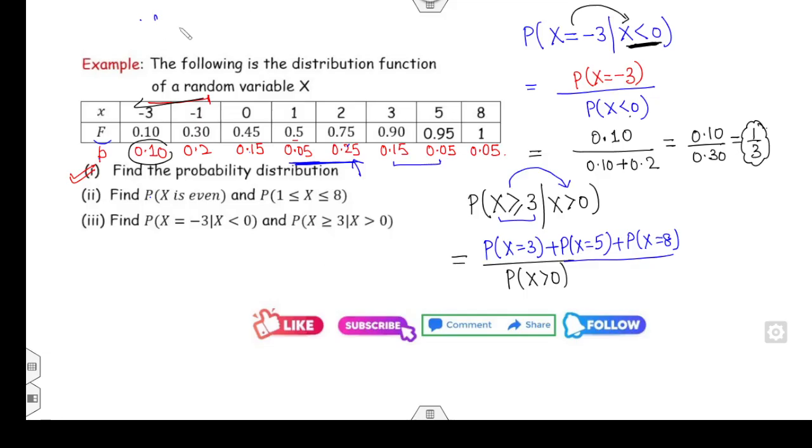What is the numerator part? 0.15, 0.05, 0.05, that number will be 0.25, divided by x greater than 0. So add it here. Fine. So this number is 0.55. Whatever the calculation comes to, 5/11 is the right answer of the problem.